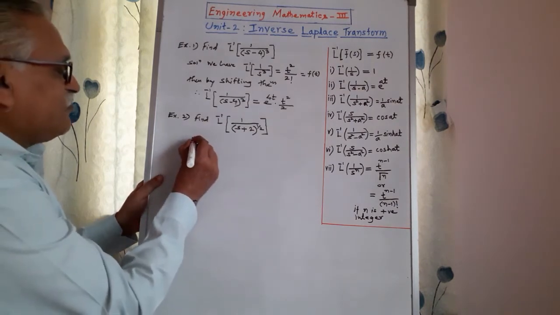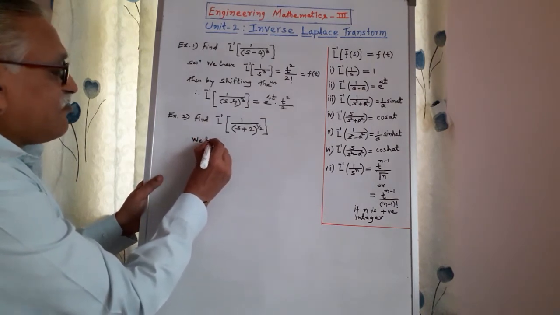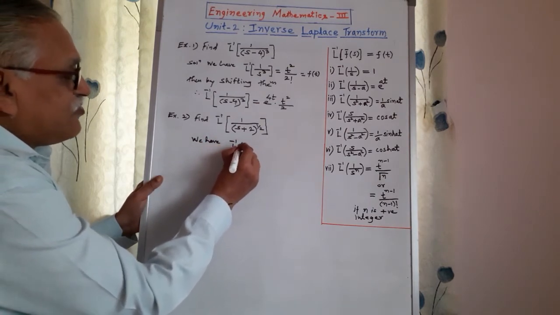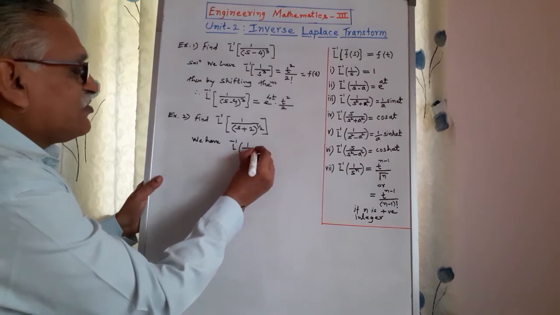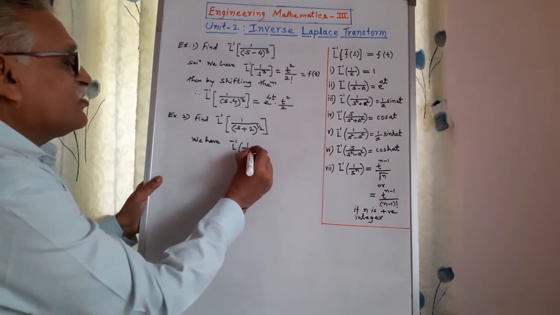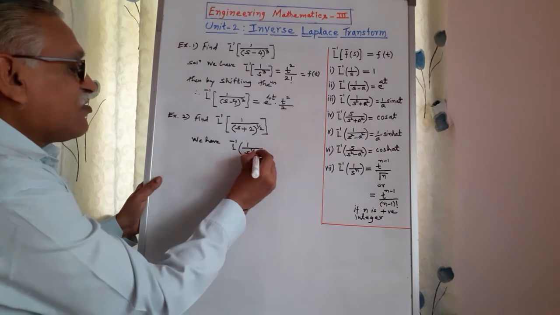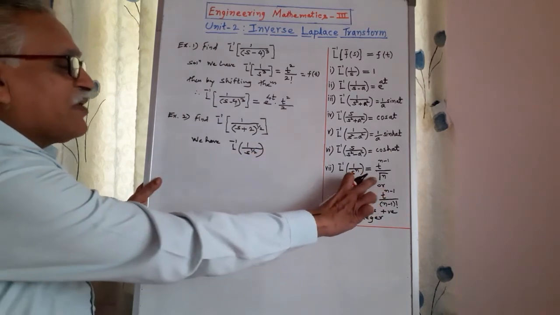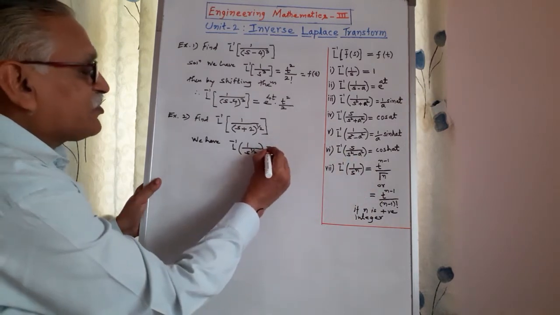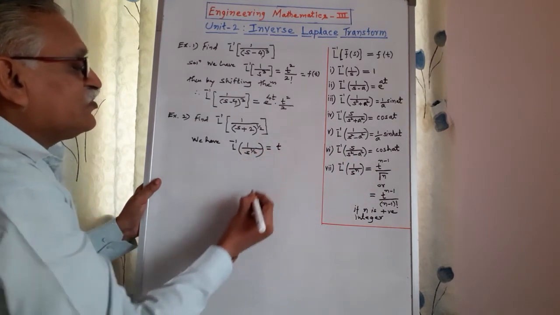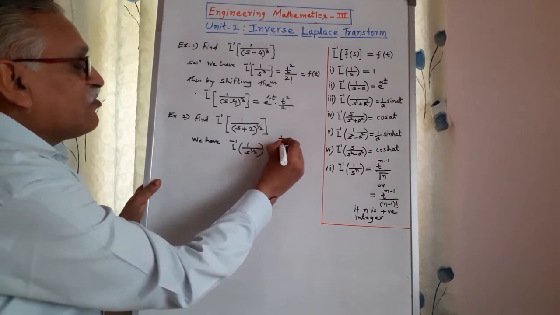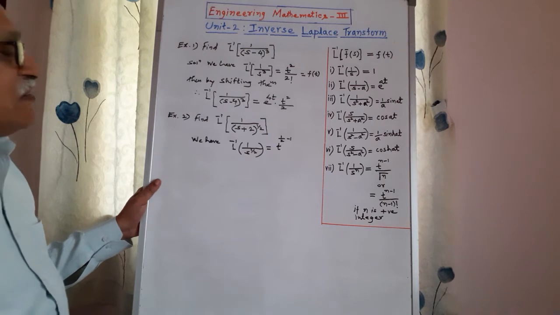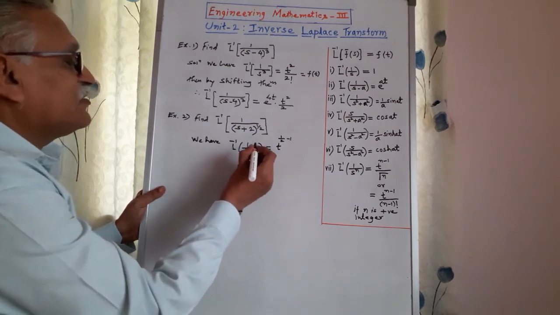Therefore, we have inverse Laplace of 1 upon s raised to 1 by 2. Here the power n is not a positive integer, and therefore we have to apply this result: t raised to n minus 1 divided by gamma n.